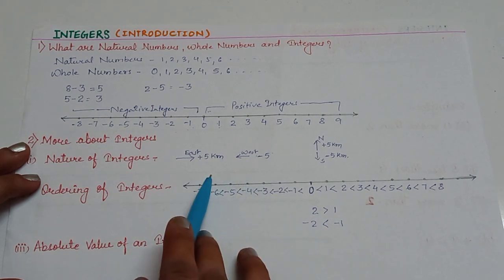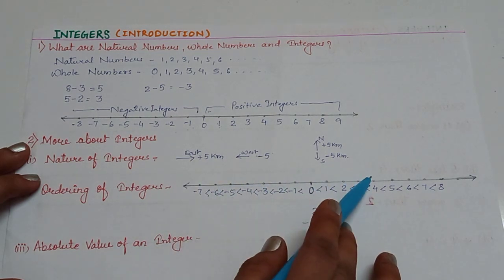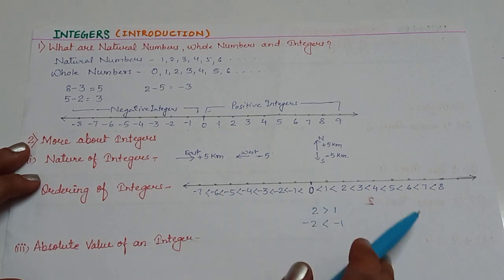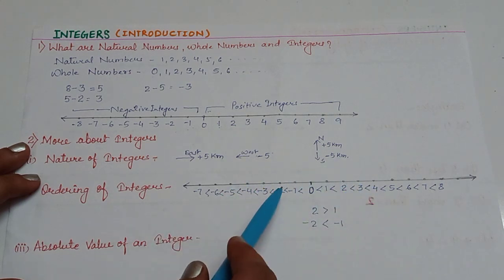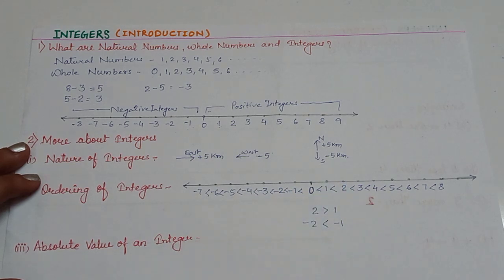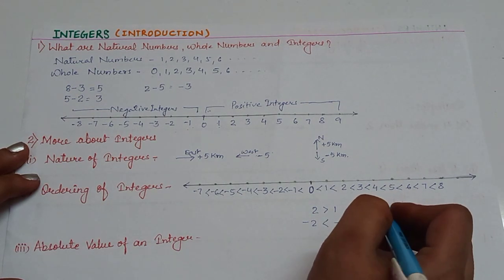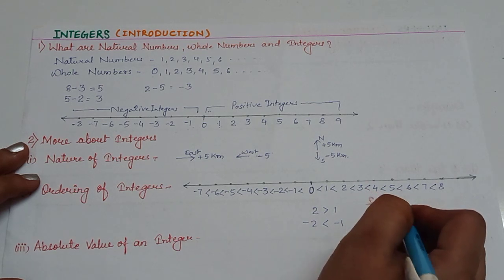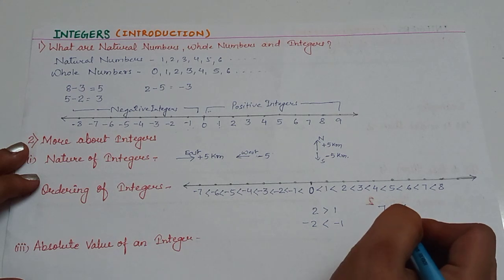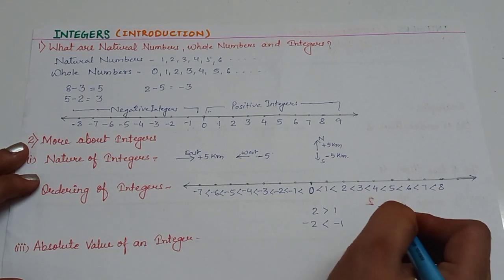So as we move from left to right, the integers go in ascending order, meaning they increase. The numbers on the right side are always greater than the numbers on the left side. If I say that 7 is greater than 6, but as soon as I introduce -7, you can see the comparison sign changes.